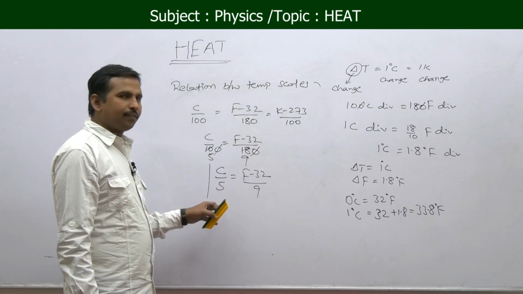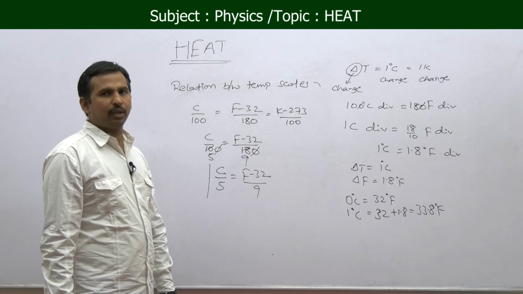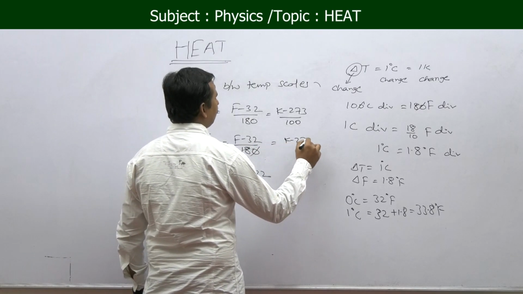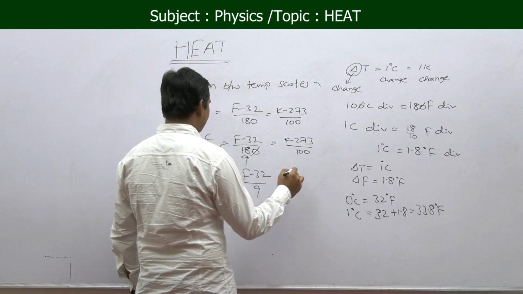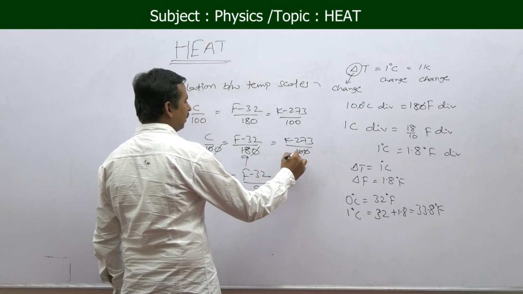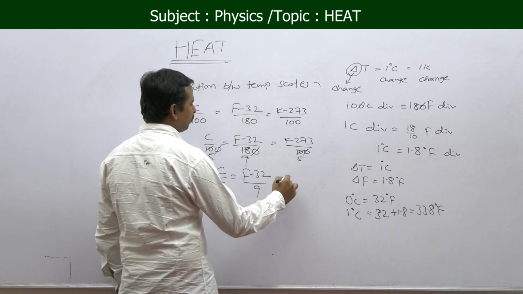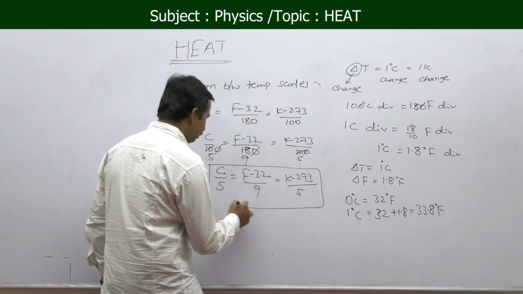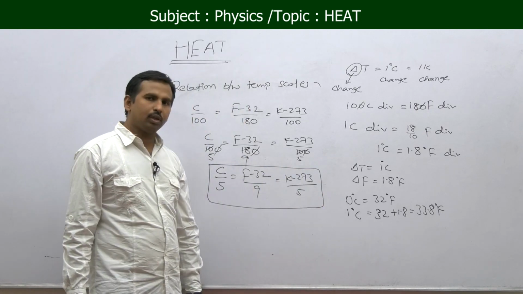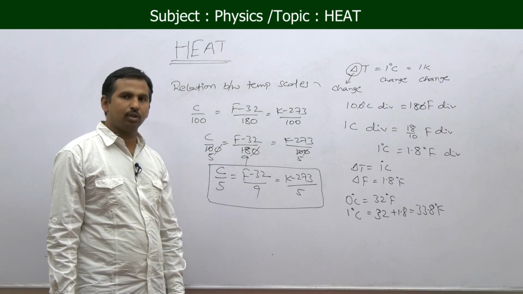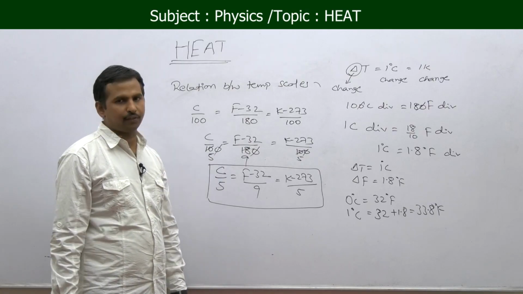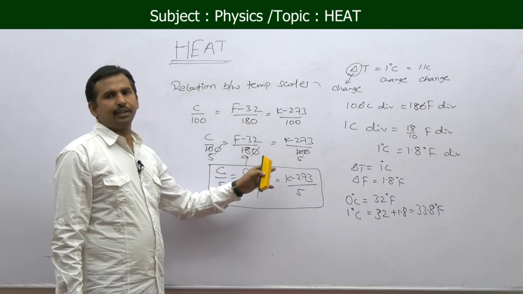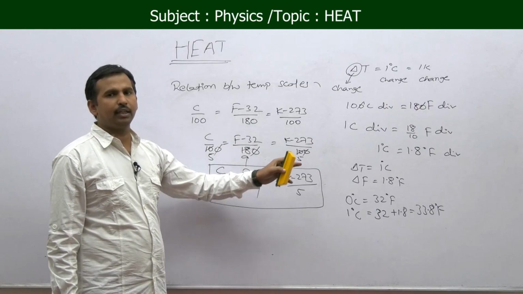In the case of Kelvin, K minus 273 by 100, the 0 gets cancelled and here we have 5, so it becomes K minus 273 by 5. So, C by 5 is equal to F minus 32 by 9 is equal to K minus 273 by 5. This is the temperature scale relation between the three different scales, Celsius, Fahrenheit and Kelvin.